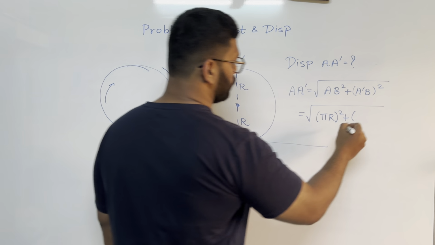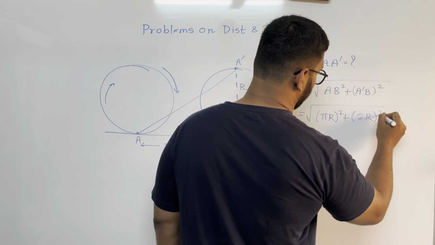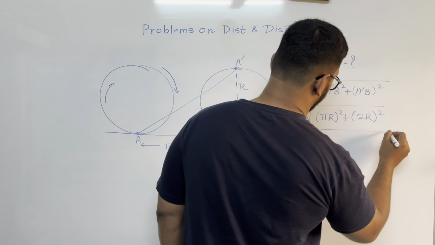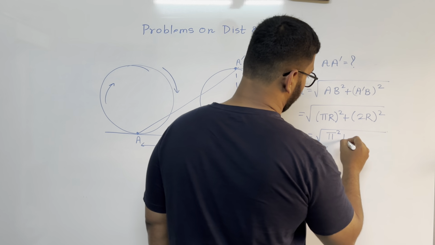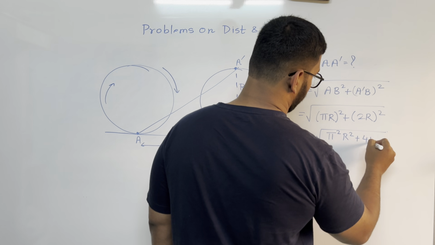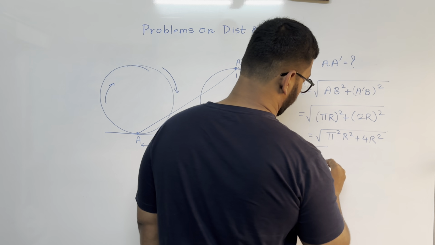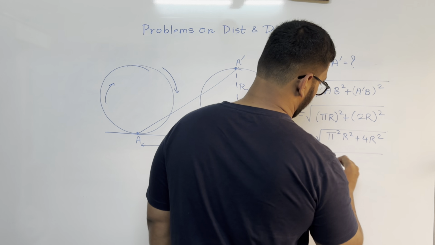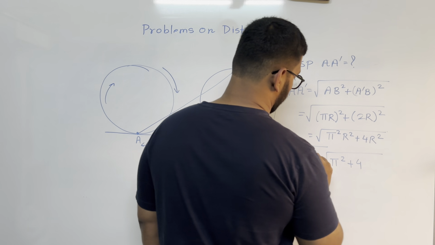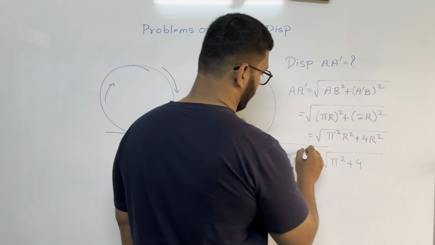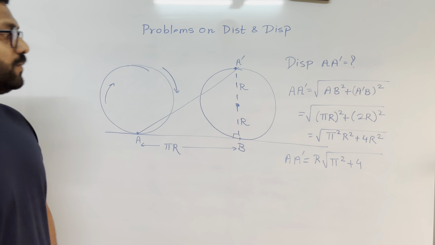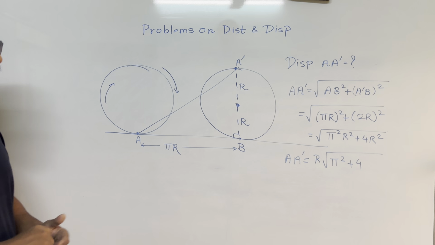A dash B is 2r, so this is going to be 2r square. So this is equal to square root of pi square r square plus 4r square. So r into square root of pi square plus 4 is going to be your displacement A dash, right?